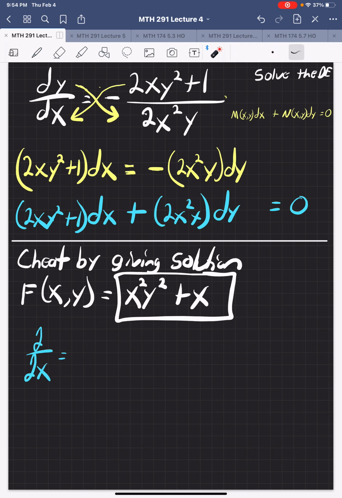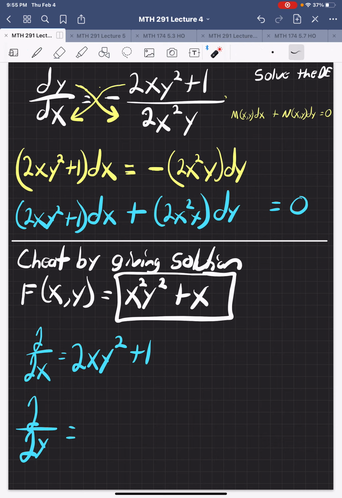So let's do that. If we take the partial with respect to x, we're going to hold y as if it were a constant. So that's easy. The derivative of x squared is just 2x, and we treat y as a constant, so that's 2xy squared, and of course the derivative of x is just 1, so that's plus 1. And now let's take the partial of that answer with respect to y.